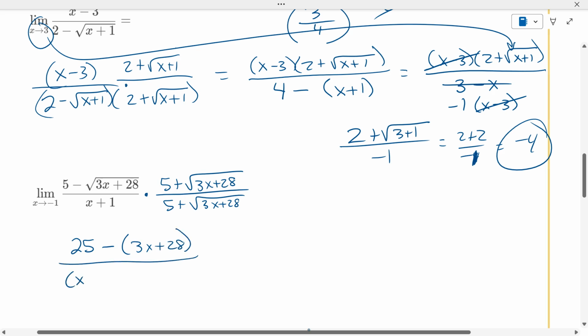My denominator will keep separated as x plus 1, and 5 times 5 plus the square root of 3x plus 28. So my numerator is 25 minus 28, which is negative 3, and then minus 3x.